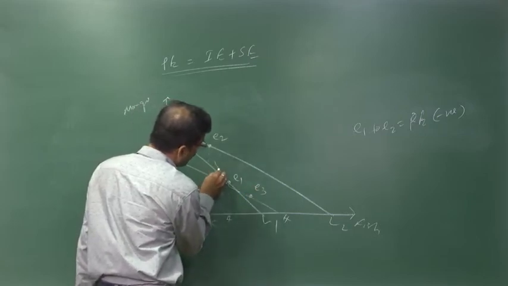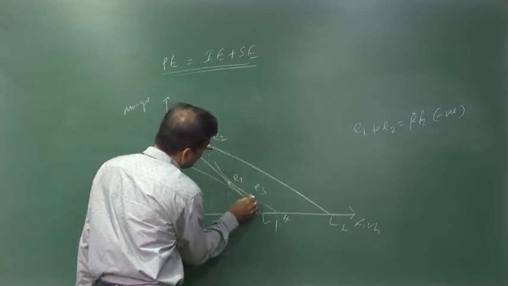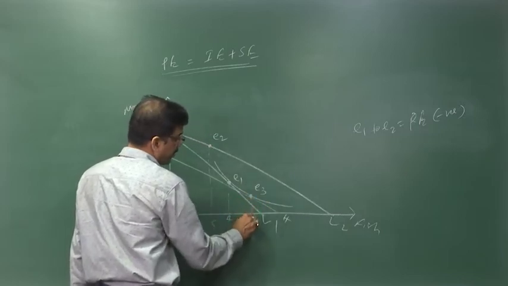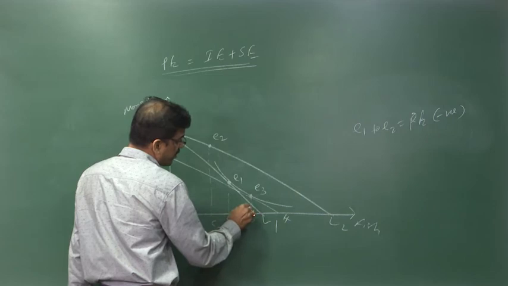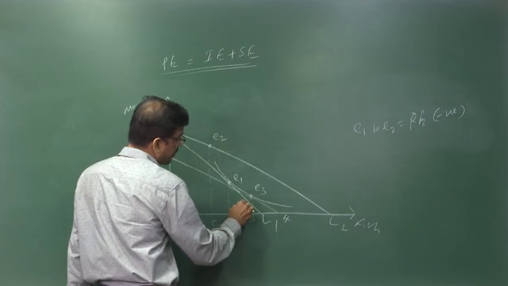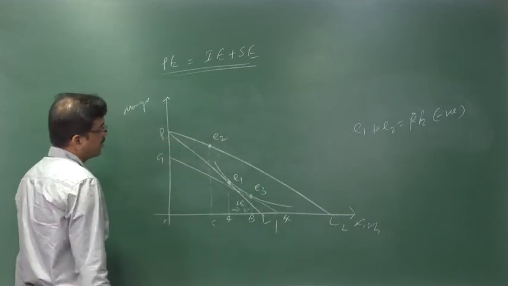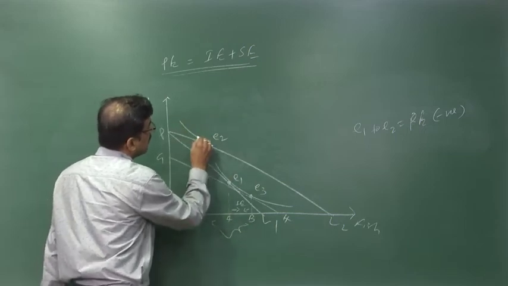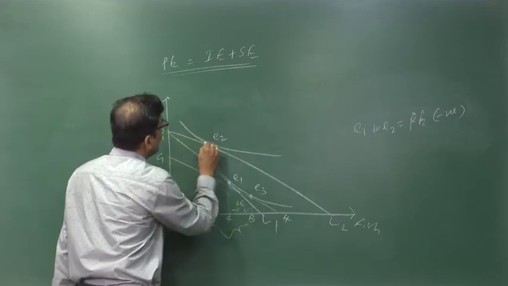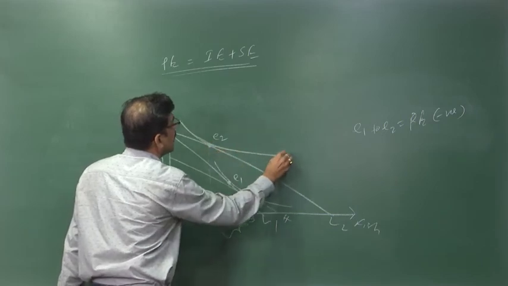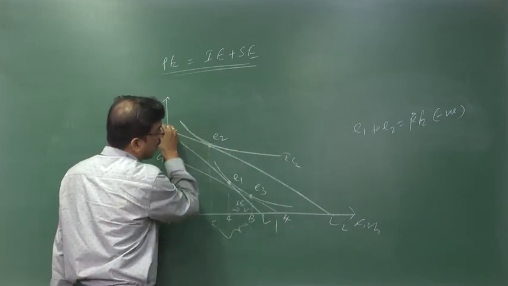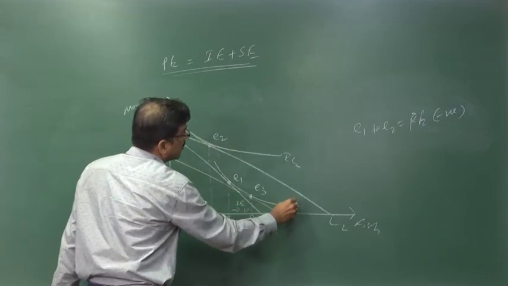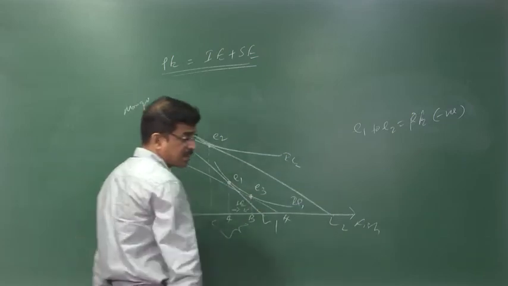The movement from E1 to E3 is the substitution effect. The substitution effect is always positive. This line is parallel to the GH line, where the indifference curve IC1 is tangent at the point E3, and IC2 is tangent to the line PL2.